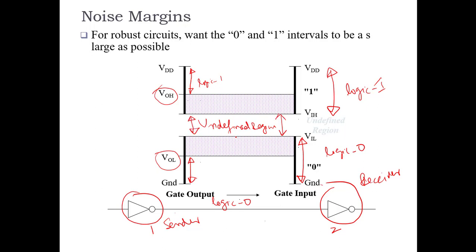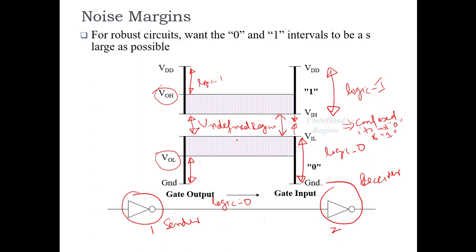What this means is that if my receiver receives a voltage that is higher than VIL and lower than VIH, what will happen? My receiver will get confused because it's not 0 and it's not 1.